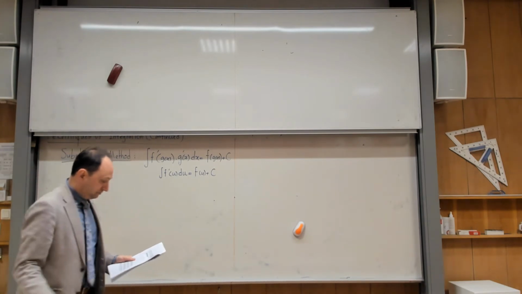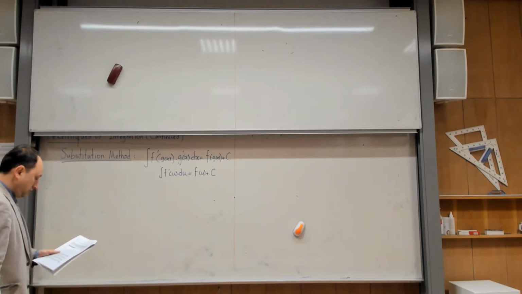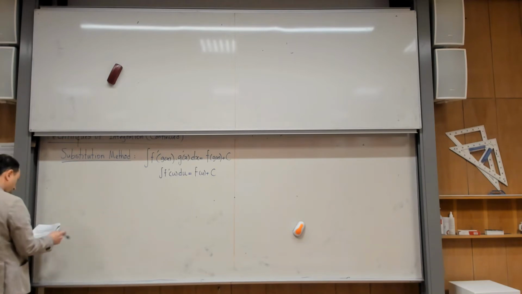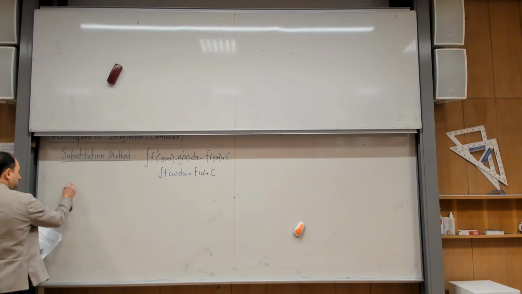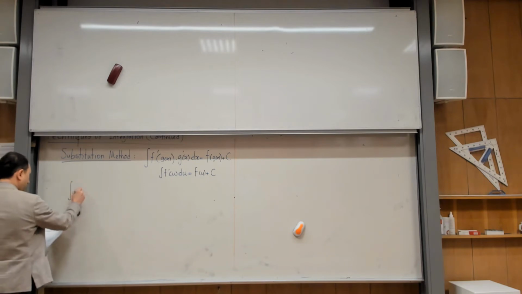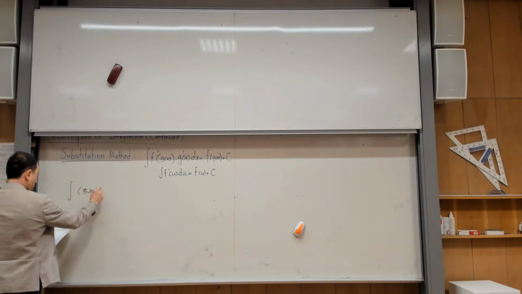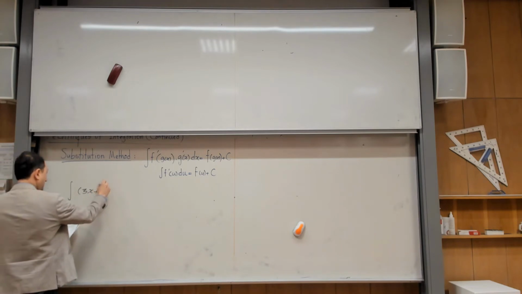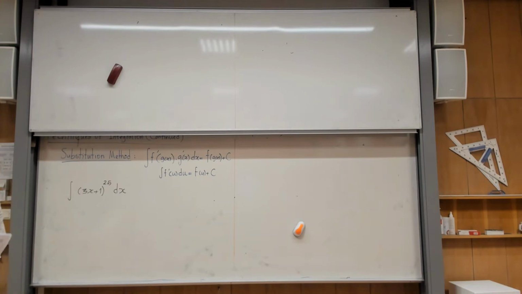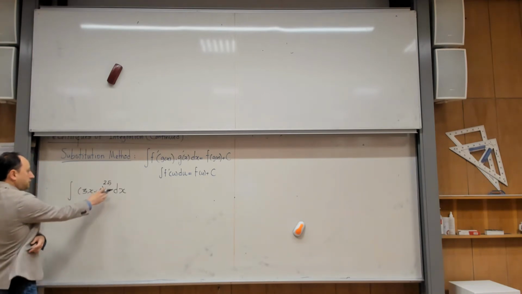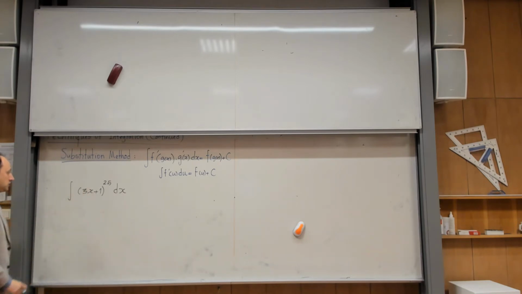So for example, if I want to calculate the integral of (3x plus 1) to the power 25 dx, assume that you are supposed to find primitive functions of this function.